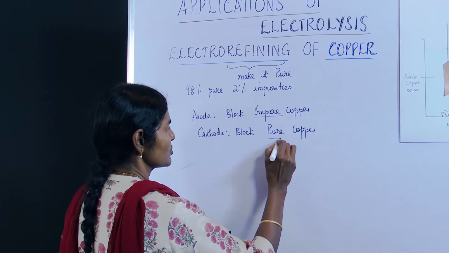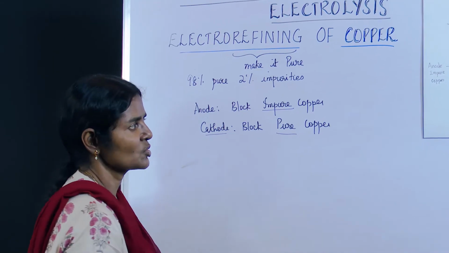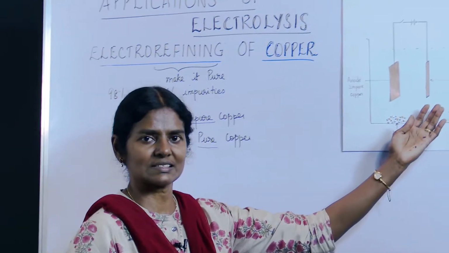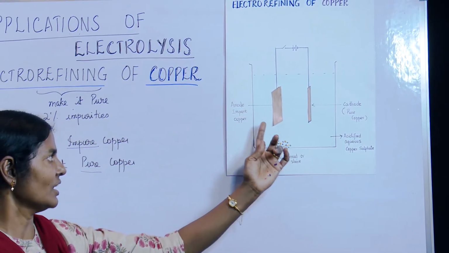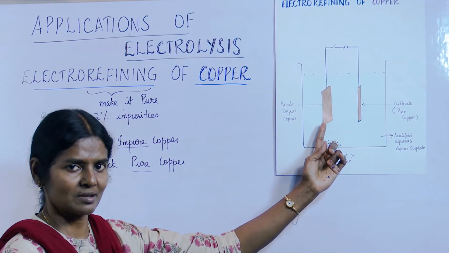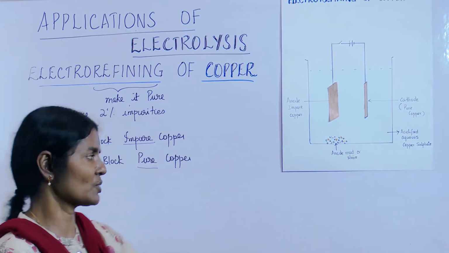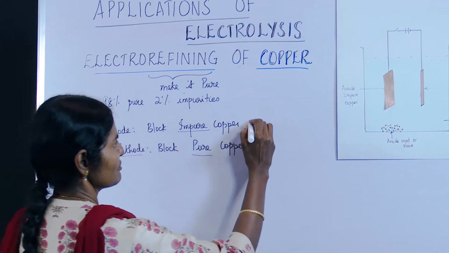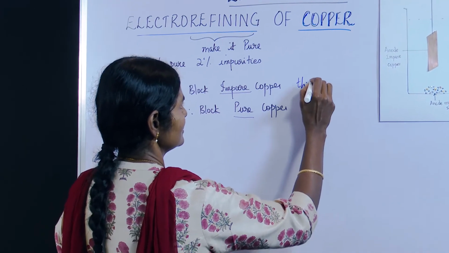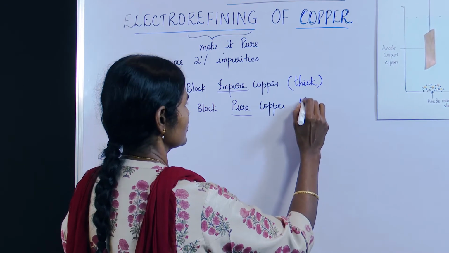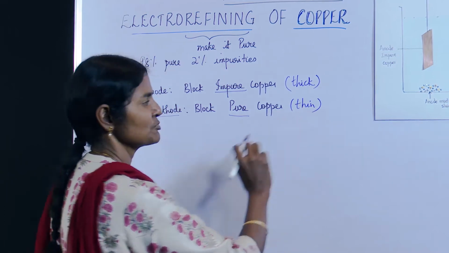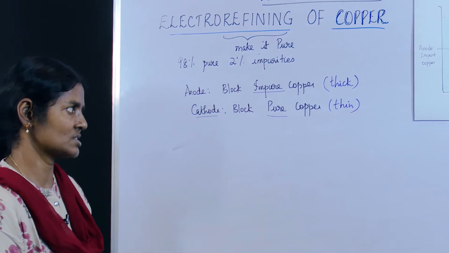Here it is impure, in the cathode it is pure. And observe the size. Anode is a thick block and cathode is a thin block. So that we should not forget. That's the beginning of the refining process.